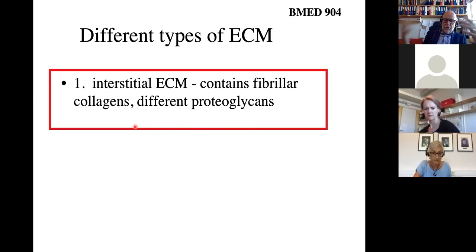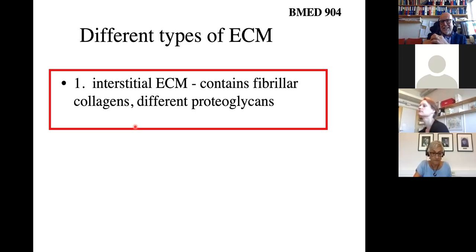So on top of categorizing proteins into 2 categories, we also sometimes distinguish between 2 different types of extracellular matrix. One we call the interstitial extracellular matrix, and that is a matrix that is rich in fibrillar collagens and typically contains a fair amount of proteoglycans and other glycoproteins.